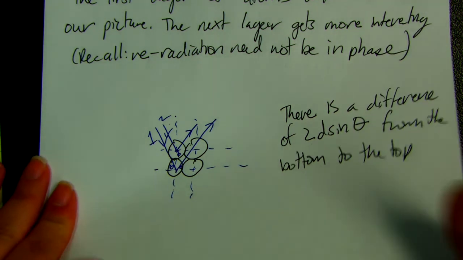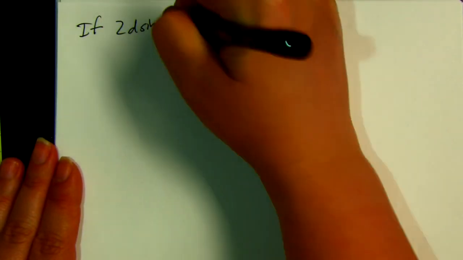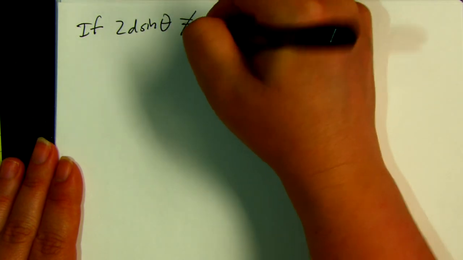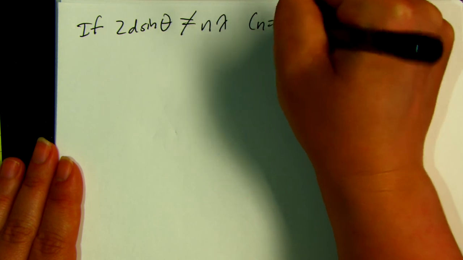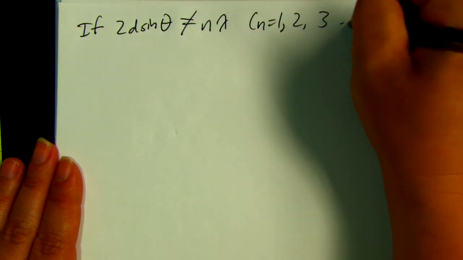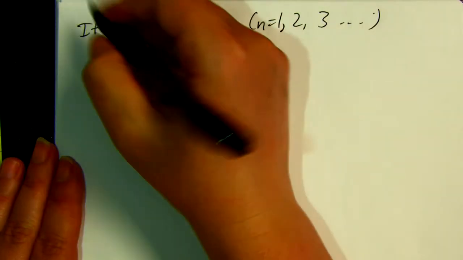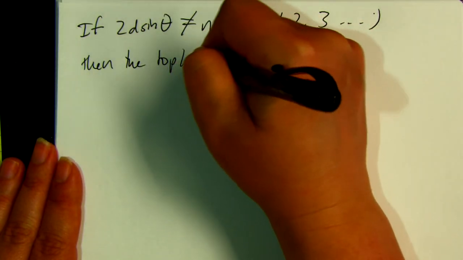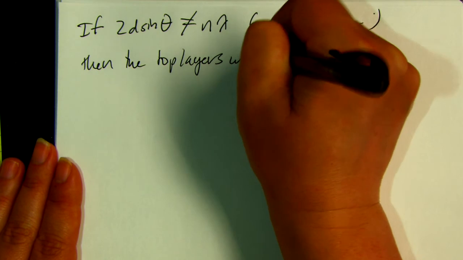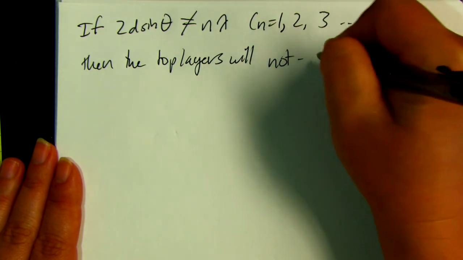So if 2d sine theta is not equal to n lambda, where n is equal to 1, 2, 3, etc., then the top layers will not re-radiate in phase.